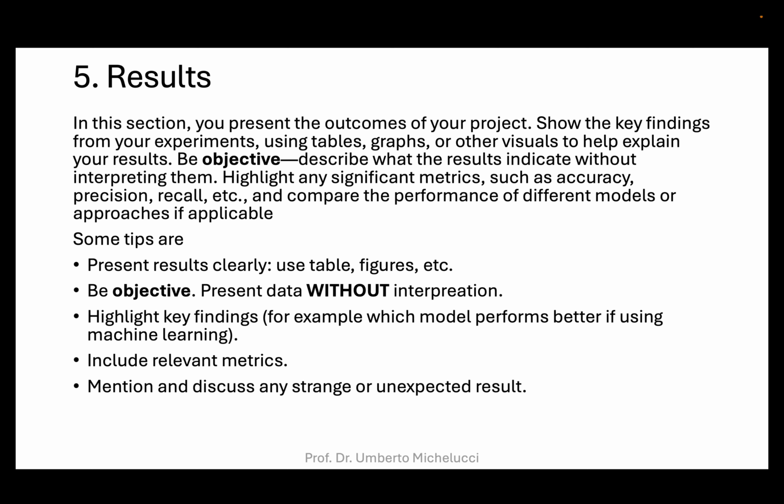You don't explain anymore how models work, or which parameters you have used. But you may have a large table, for example, if you have compared different machine learning models, or different subgroups in a statistical analysis. You will have structured tables and figures that actually show the results.